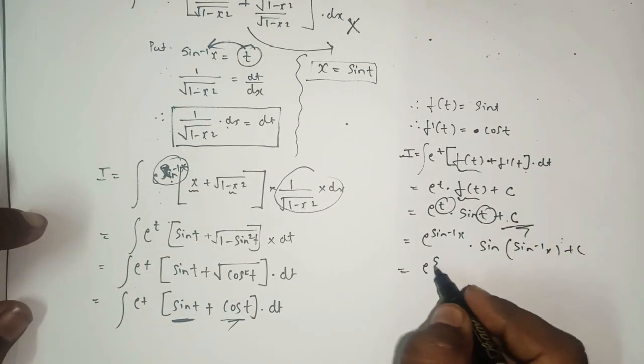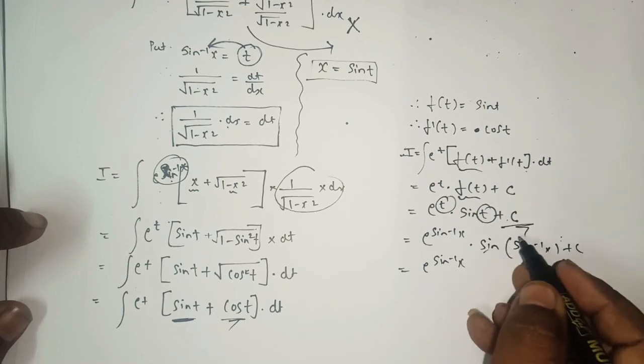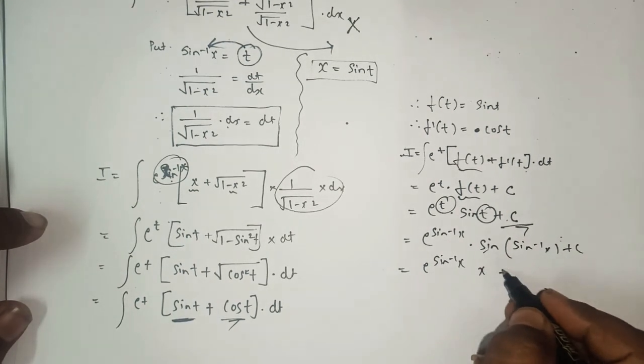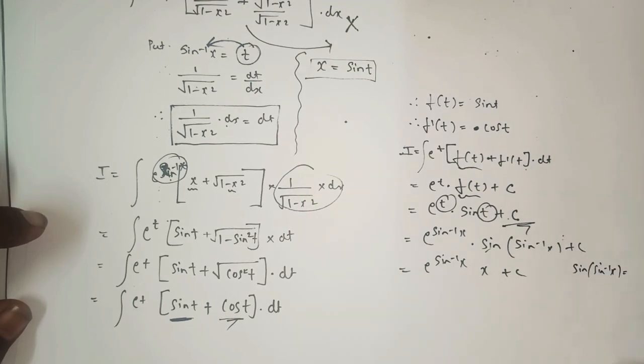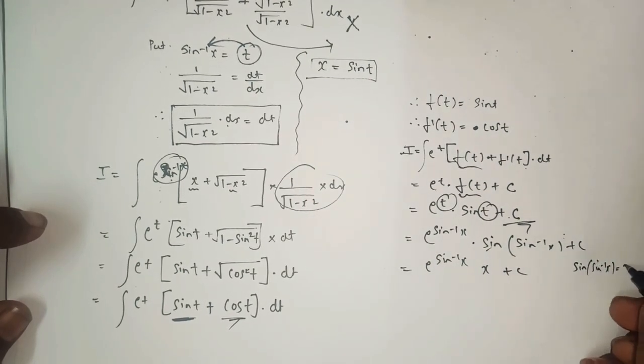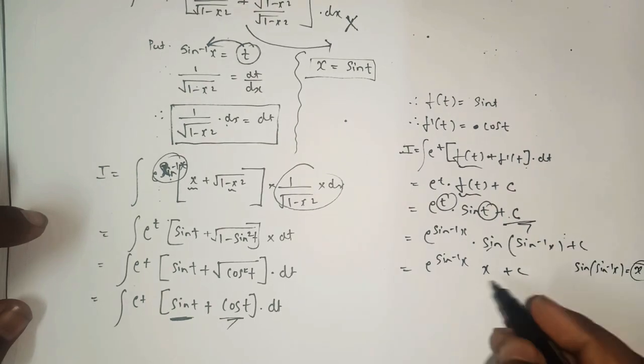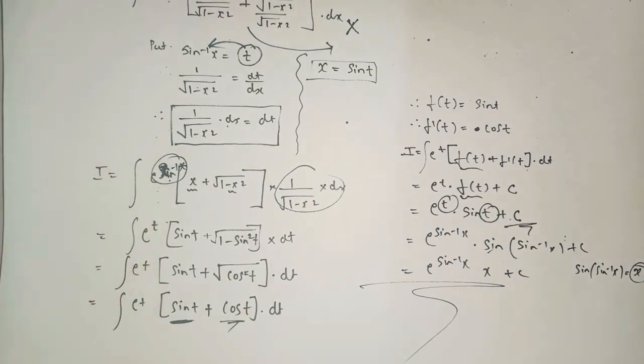Therefore, e raised to sine inverse of x, and sine and sine inverse will get cancelled by using the inverse property. Yes or no? Here you will be left with x only. So that's the end of the sum.